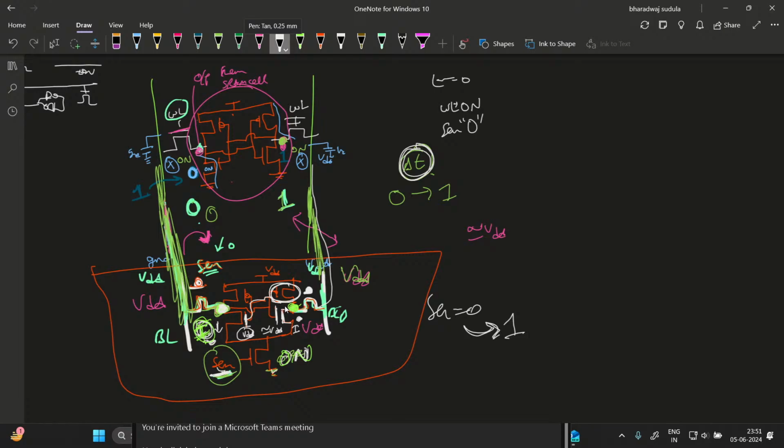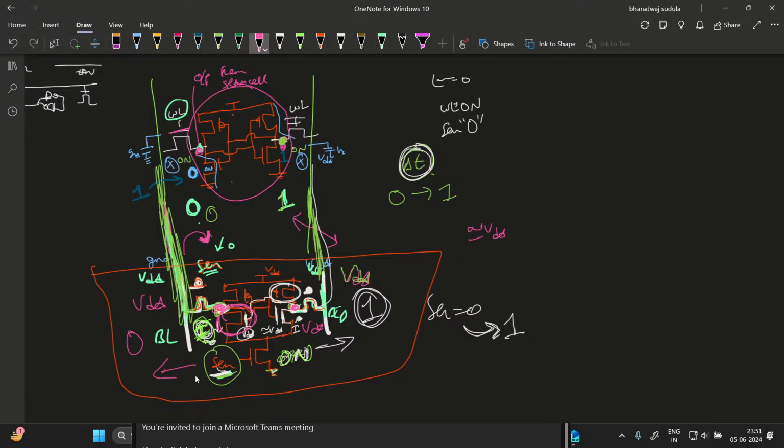So this node actually gets 1. This right side becomes 1, then it will turn on the NMOS of this one, so this side will become 0.